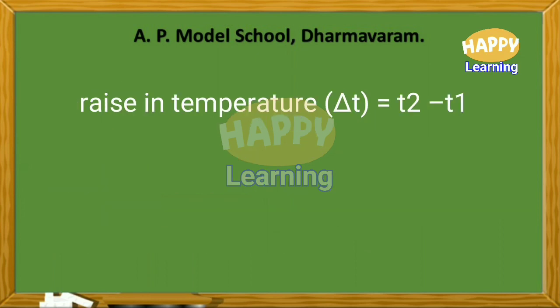First of all, let us calculate the rise in temperature, which is given by delta T is equal to final temperature minus initial temperature, that means T2 minus T1, which is equal to 65 minus 20, and it is equal to 45 degrees Celsius.